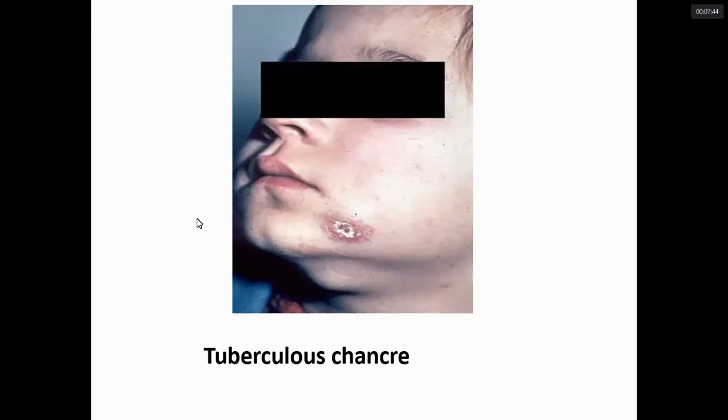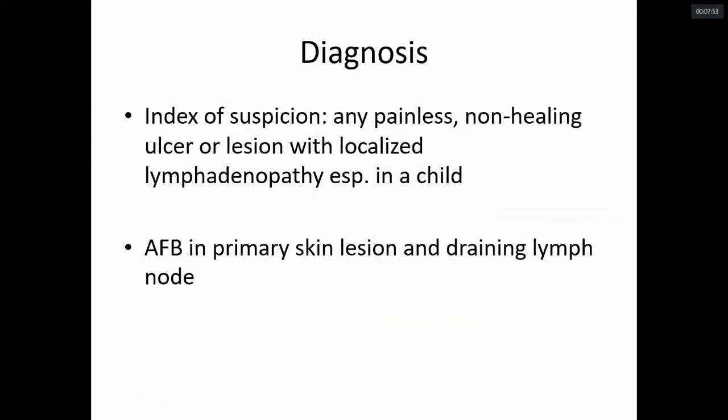This is the typical tuberculous chancre with regional lymphadenopathy seen on the face of a child. For the diagnosis, one is clinical suspicion, and the second, we can do AFB stain in the primary skin lesion and draining lymph node.